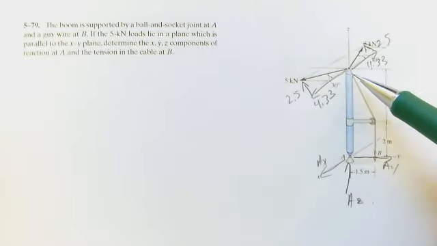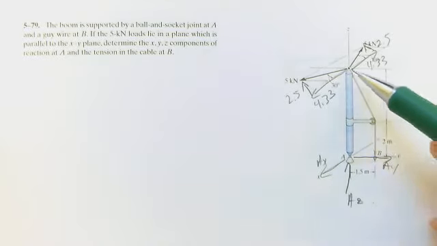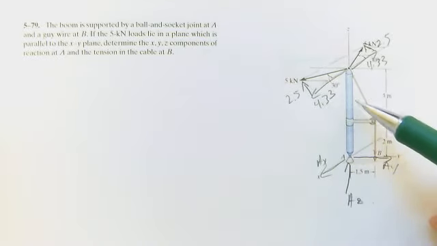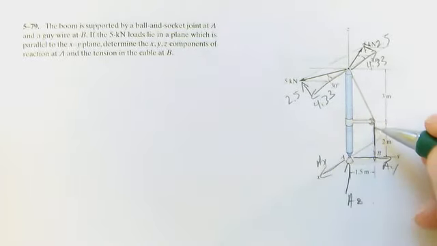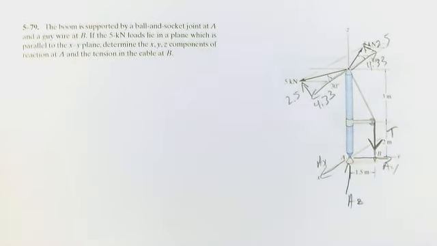Now, it's offset by a cable that goes off here in the y direction. If we consider this all one object, we don't need to worry about what the cable is doing here. We can just look at what the cable is doing here. I'm going to call that tension. Now, this one cable will offset these two because they are perfectly in the negative y direction.